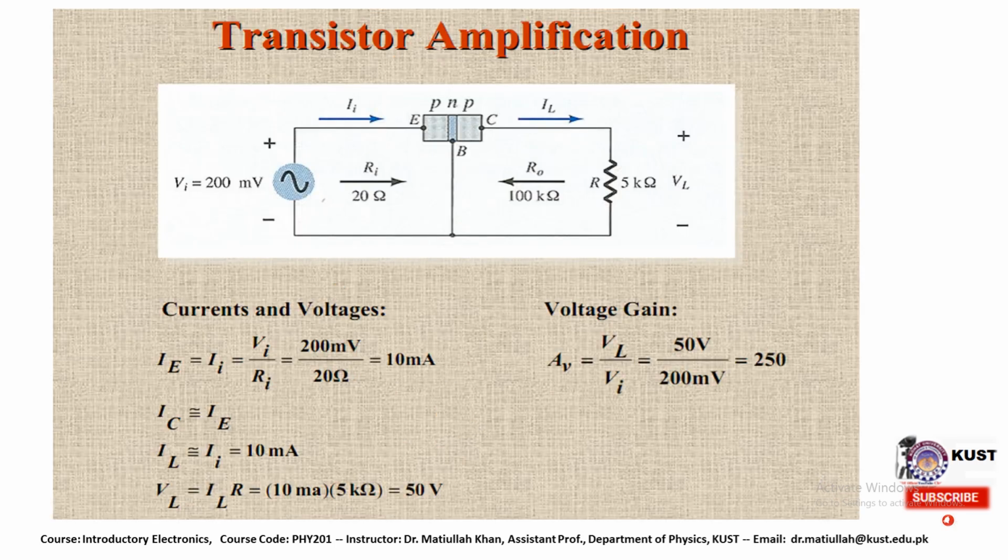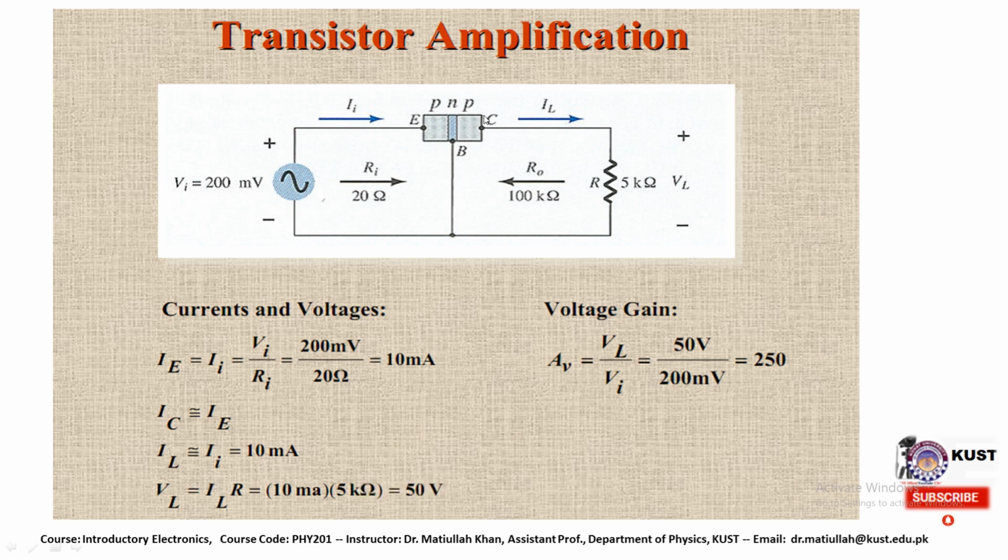We can use the transistor for amplification, in which we can increase the input signal. Here is the circuit diagram for the transistor amplification. In this particular case, an external potential difference, a type of AC voltage, is provided, and the magnitude of the AC voltage is 200 millivolts.